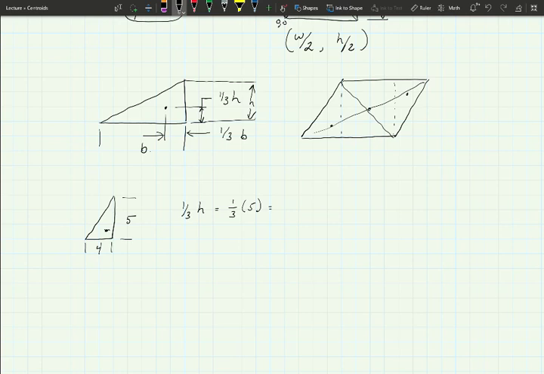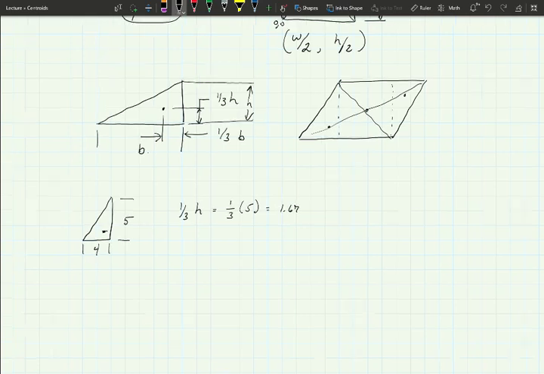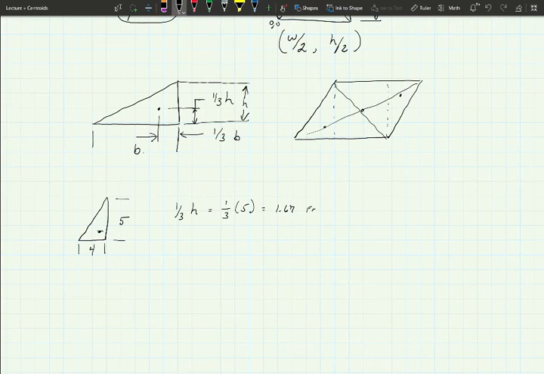And of course, I didn't bring a calculator, and 5/3 is going to be 1.67 from the bottom.